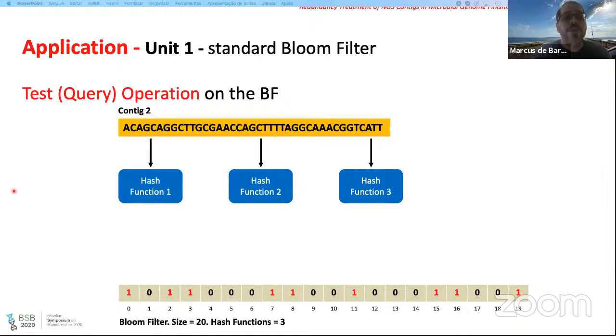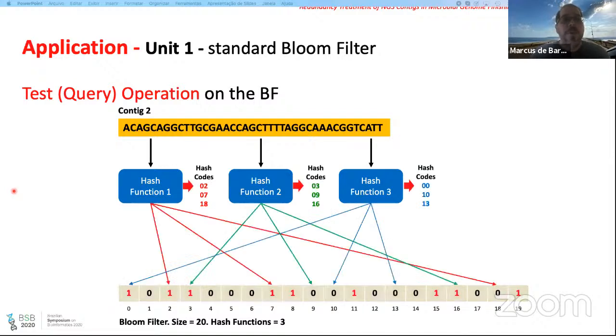The second operation on the Bloom filter is the test or query operation, when I want to test if one element is already a member of the set or not. It is performed in a similar way, but here a different contig generates different hash codes. And sometimes, as in this case, the hash functions map to a position with 0.